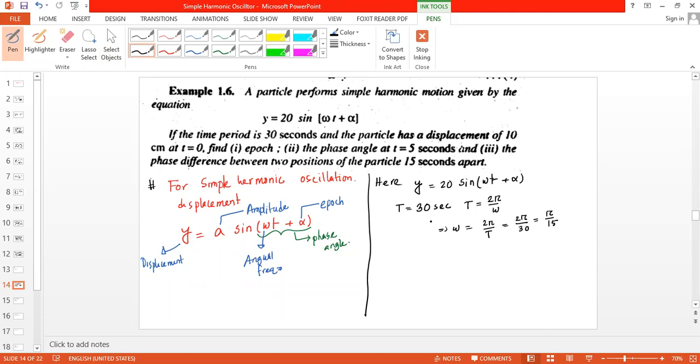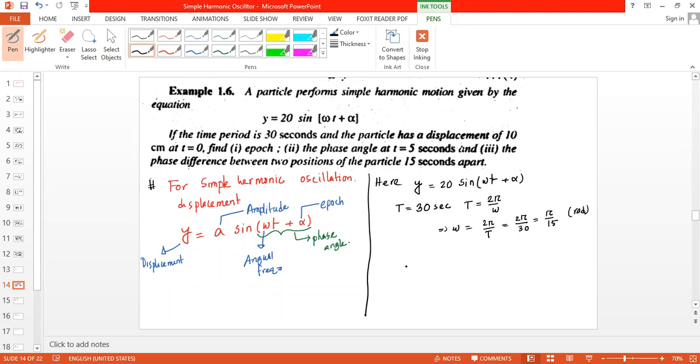By the way, when you are doing the math, you must calculate these in radians. If you use your calculator, you will see two options, one is radian and one is degree. Always put the calculator in radian mode for these calculations.